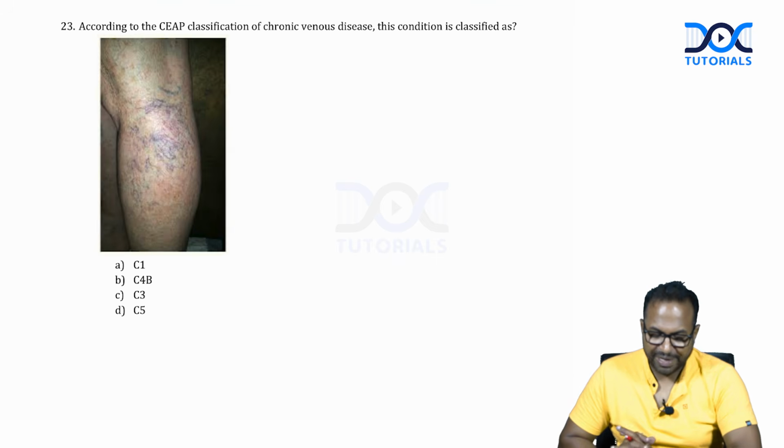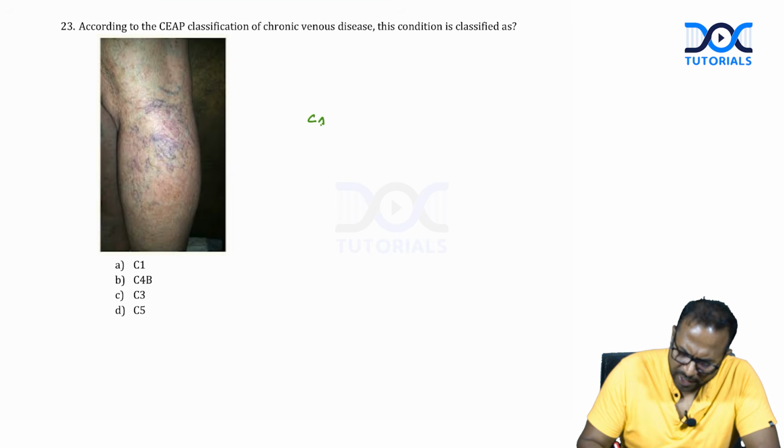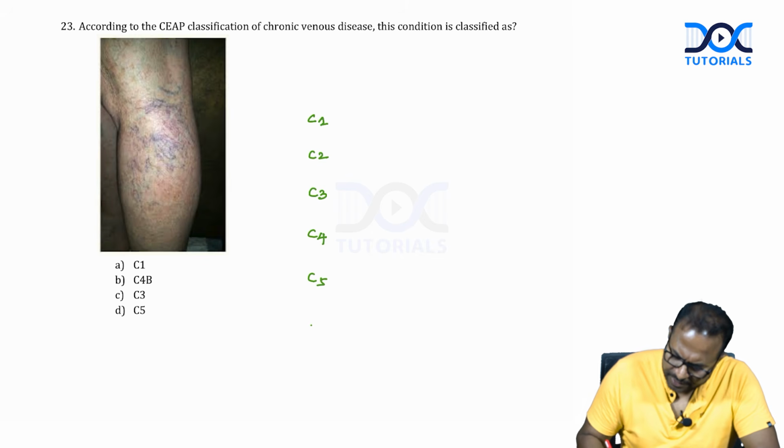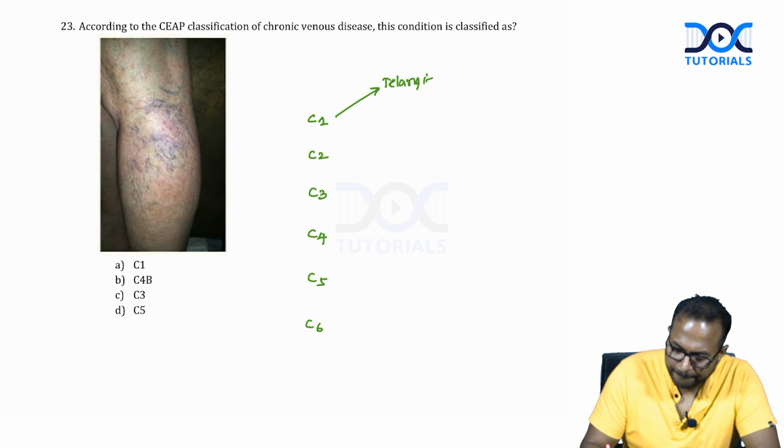According to CEAP classification for chronic venous disease, all of you know there are C1, C2, C3, C4, C5, C6. This is the CEAP classification. C1 is telangiectasia and reticular veins.